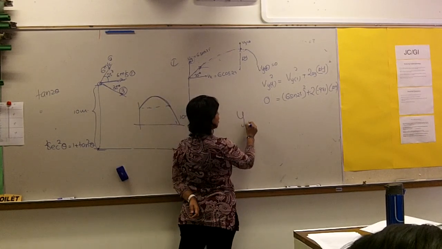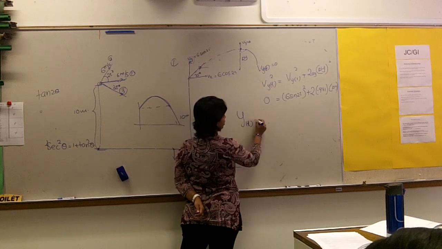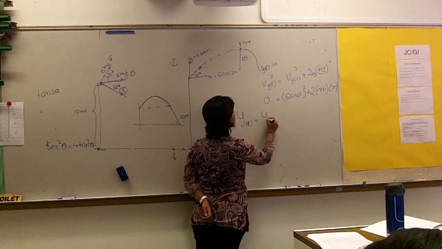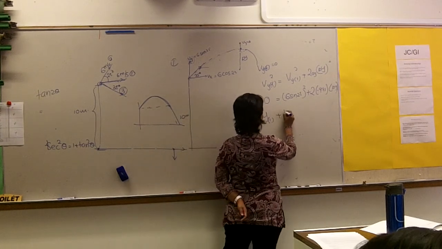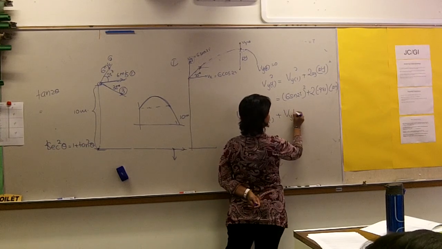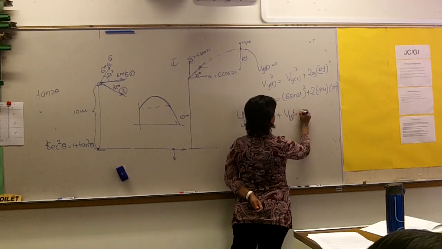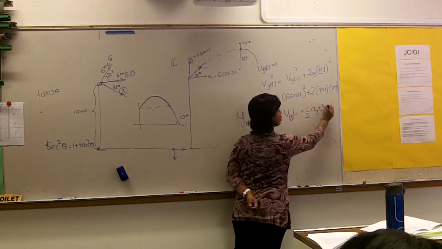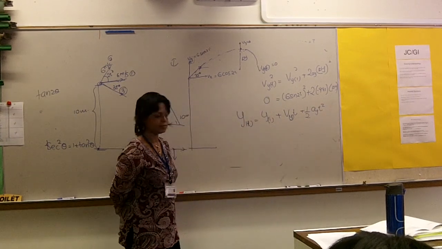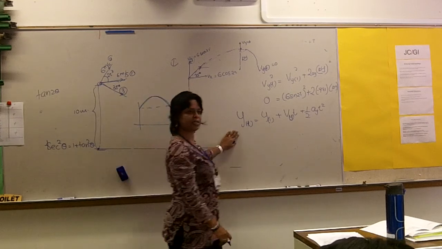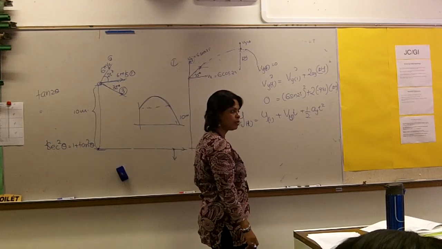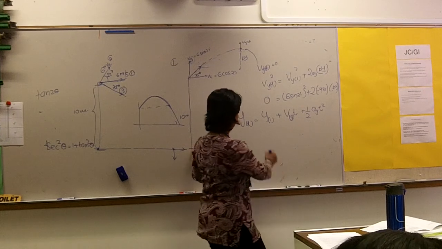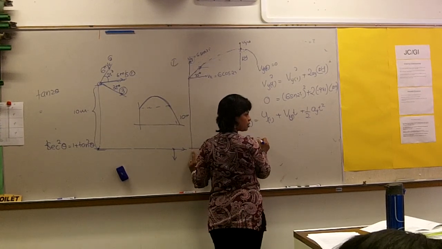Again, y final is equal to y initial plus Vy t plus half Ay t squared, right? But now what is y final? Y final is 0. Y initial is 10.